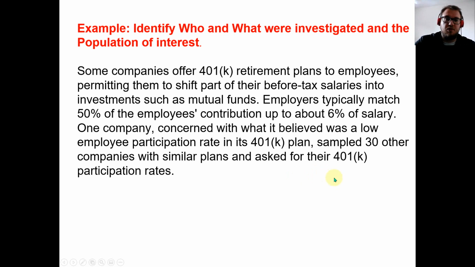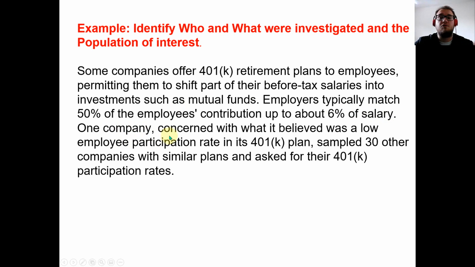So here's an example. Identify the who and what were investigated in the population of interest. Some companies offer 401k retirement plans to employees, permitting them to shift part of their before-tax salaries into investments such as mutual funds. Employers typically match 50% of the employee's contribution, up to about 6% of salary.